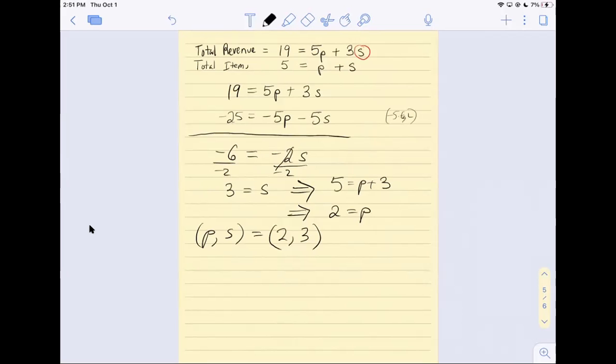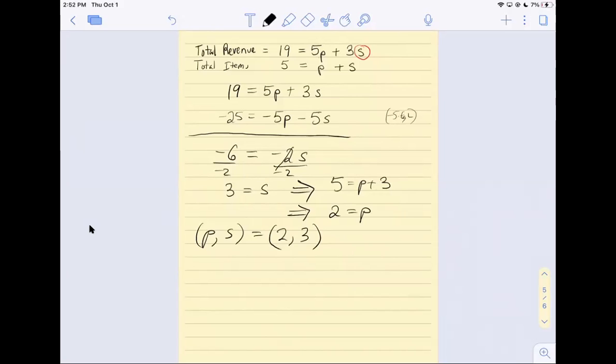The observation is that both of these equations, total revenue and total items, are written in standard form in terms of the variables P and S. But the first equation has a 5P, and if you want to eliminate P, it would be awesome if the second equation, instead of just 1P, had a negative 5P. But we can create that situation just by multiplying the entire second equation by -5. That allows the 5P and the negative 5P to cancel.